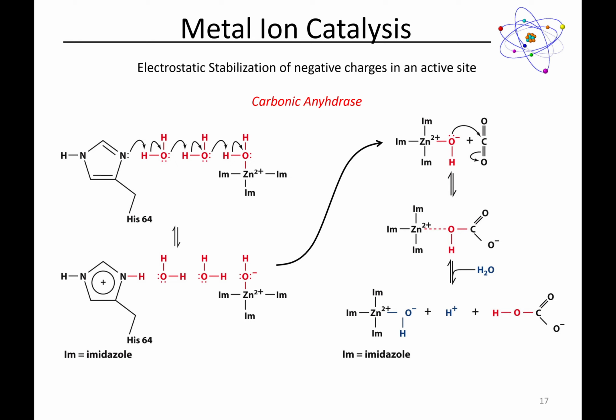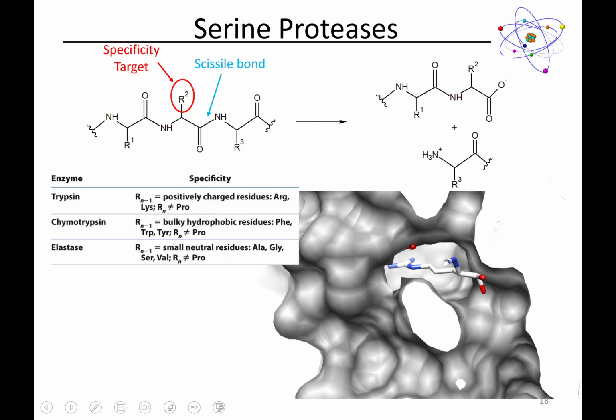It deprotonates water to give you hydroxide. The hydroxide is the nucleophile, which can attack carbon dioxide to make carbonic acid. Okay? We could go through hundreds of examples. We won't, but we could.